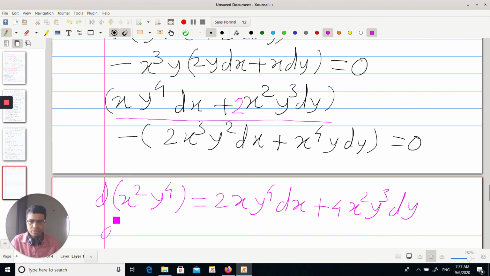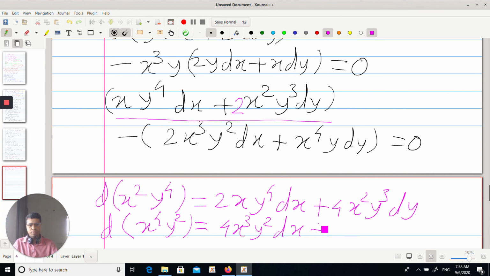Similarly, in the second, we have 2 times x cube y square dx plus x raised to 4 y dy, which is in the form of the differential of x raised to 4 y square. So d of x raised to 4 y square is 4 x cube y square dx plus the differential of y square, which is 2 times y dy, into x raised to 4.